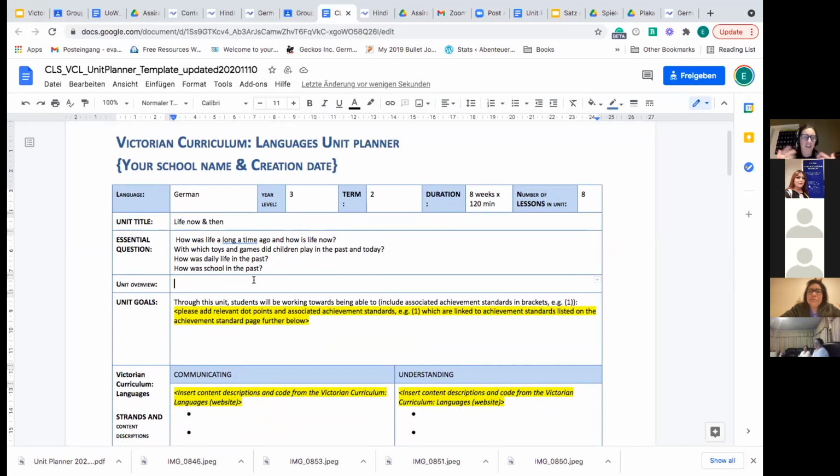Okay, now we have the unit overview. And remember, that is a draft. So I will go back later and adapt it or rewrite it if I think it's not right.